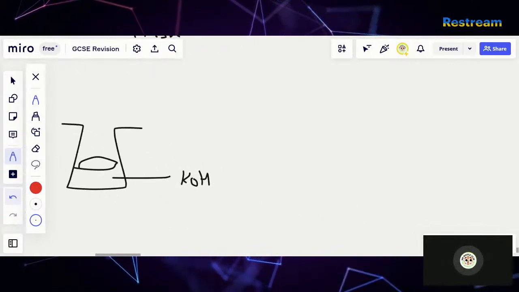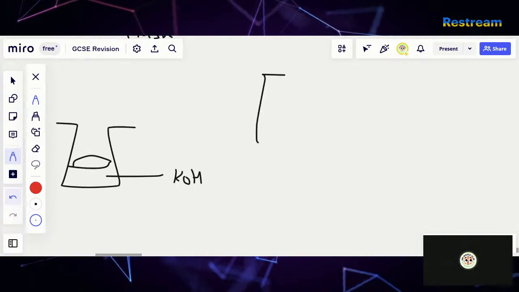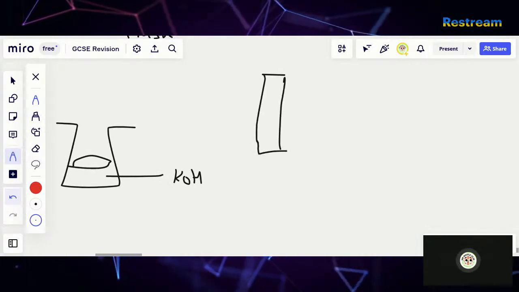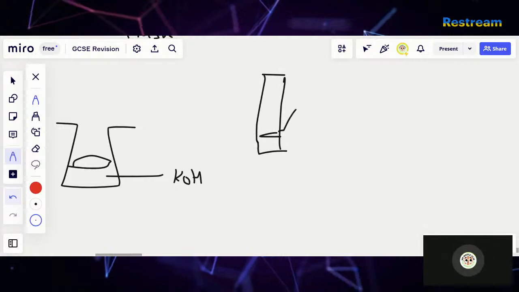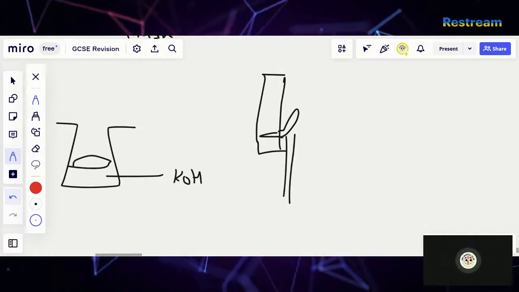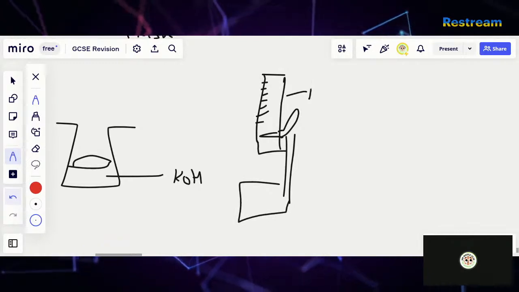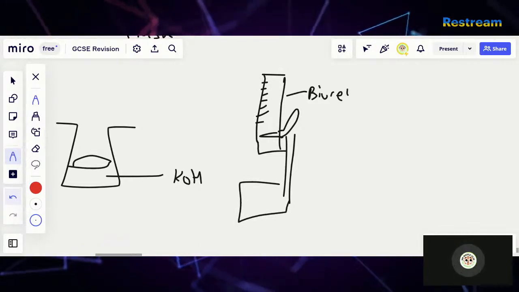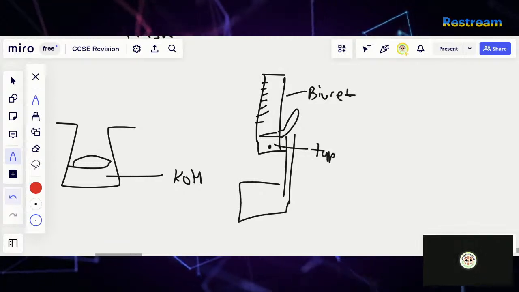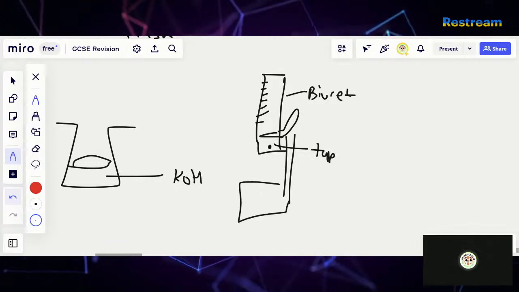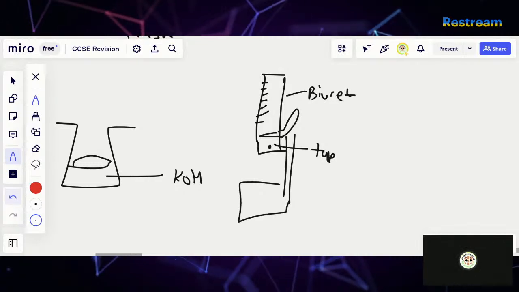So we have another piece of equipment now called the burette, which is going to be held up by a standing clamp. Within the burette, we've got a little tap here, which will allow us to slowly add the acid to the alkali.